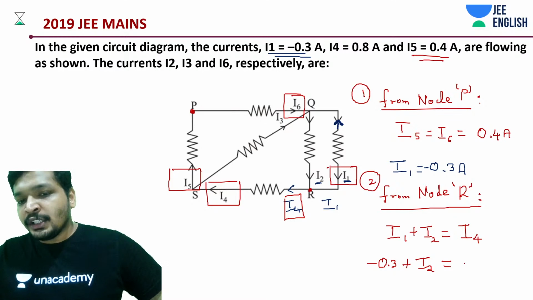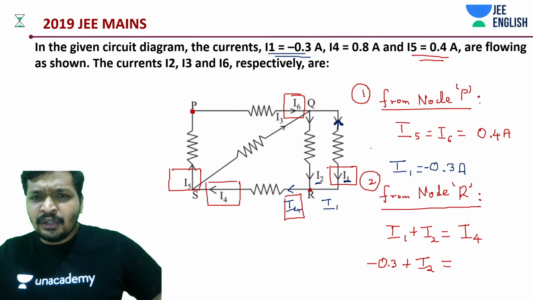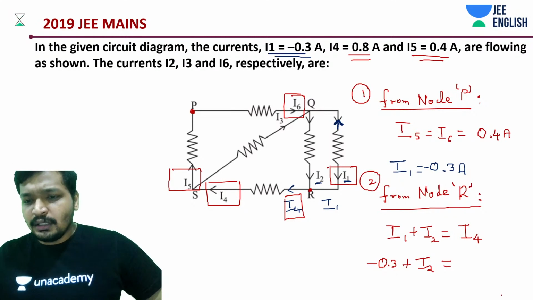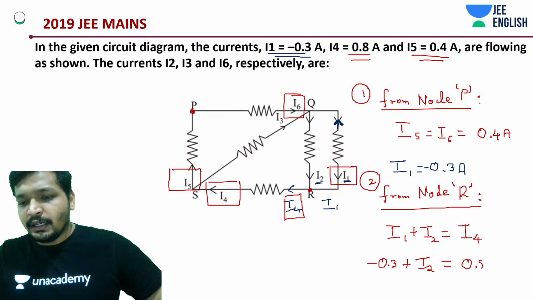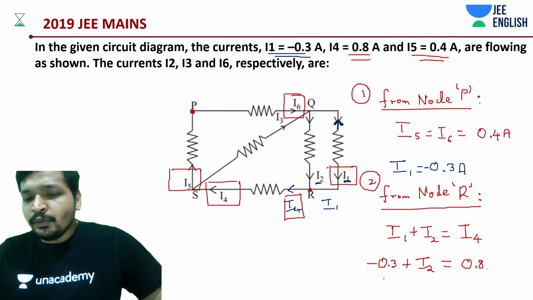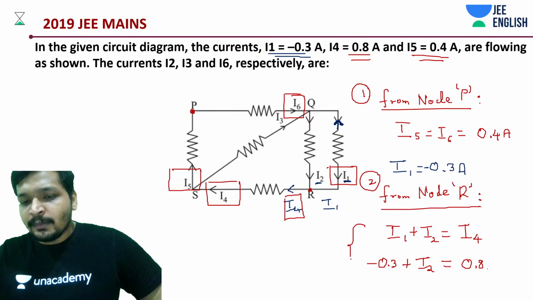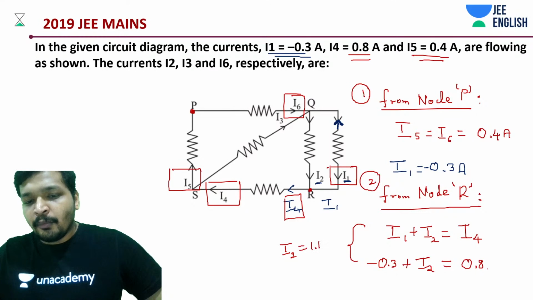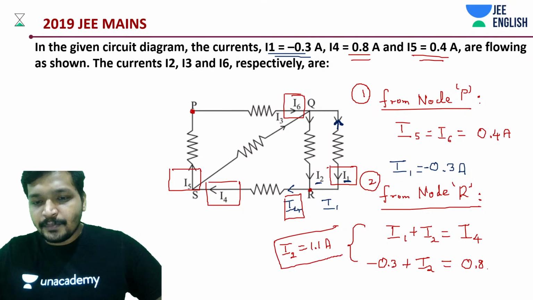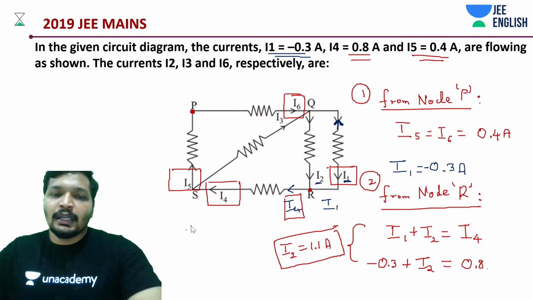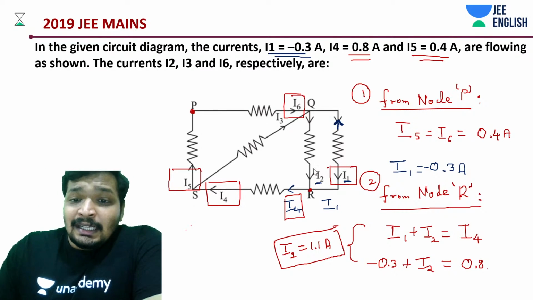And I4 is how much? 0.8. Okay, not 0.4, but let's see. That means how much is I2 from both of these? I2 is how much? I2 is going to be 1.1 ampere. Okay. Next.